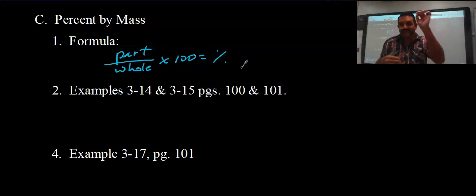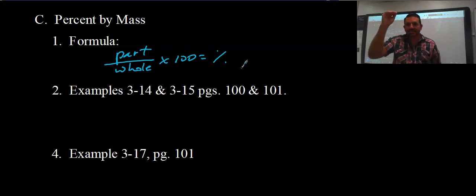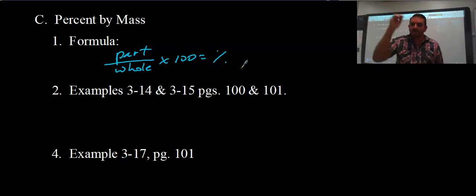So it's the mass of one thing over the mass of the whole thing. So in the case of a solution, usually it's the mass of, and it could go either way. You can find percent by mass of the solute or percent by mass of the solvent. Usually it's the solute. So mass of the solute over the sum of the masses of the solvent and solute, or mass of the solution goes on the bottom.